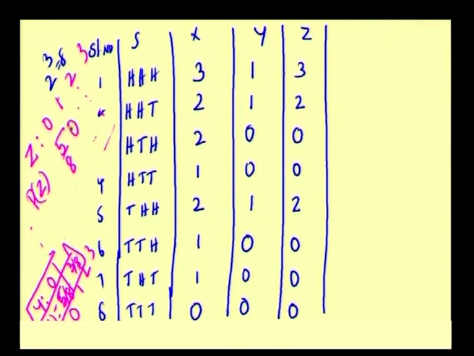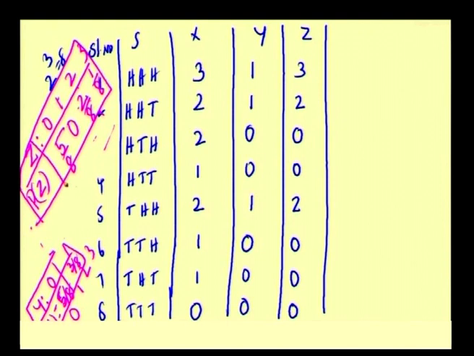Therefore, it is 0. How many 2s are there? Two 2s. So 2 by 8. How many 3s are there? Only one 3. So 1 by 8. This is your probability distribution function of z.